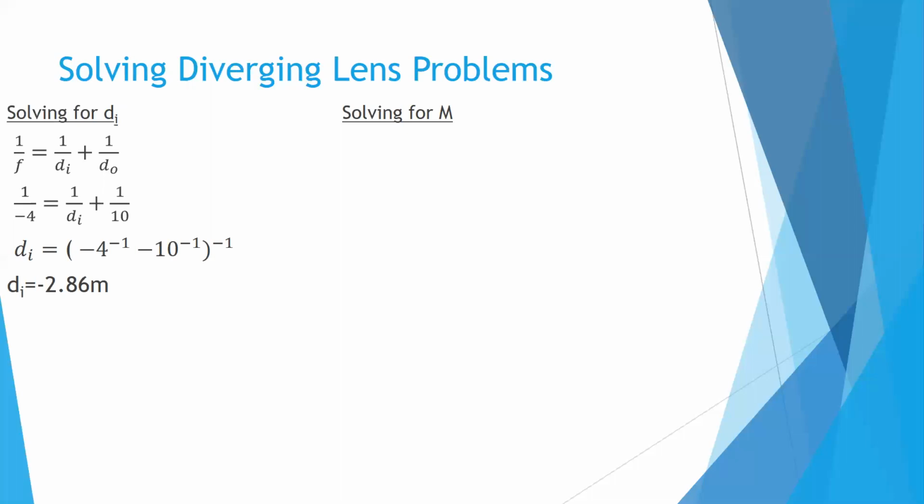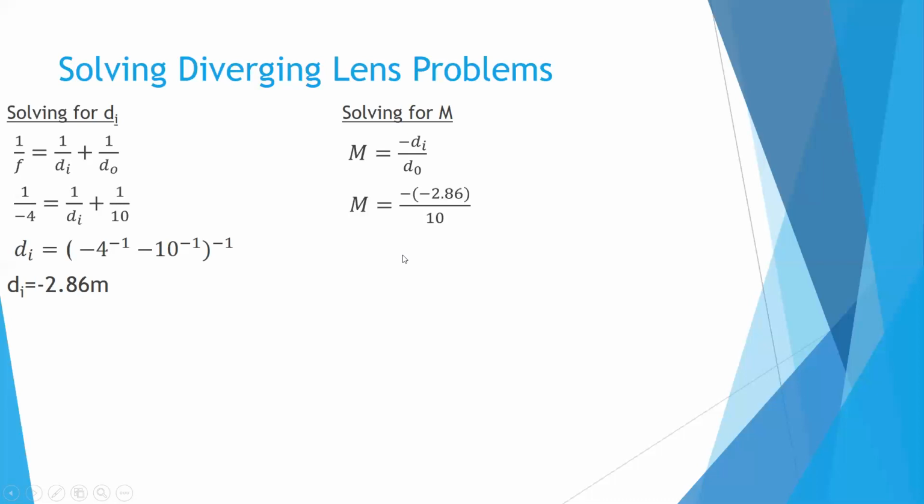We got a negative image distance. Next step, we got to solve for M, the magnification. Remember, we got two magnification equations: hi over ho, or negative di over do. We don't have the hi yet, so we got to use our negative di over do equation. A little bit tricky here. We got a negative sign in the equation, but we also got a negative sign for our di. So think back to algebra.